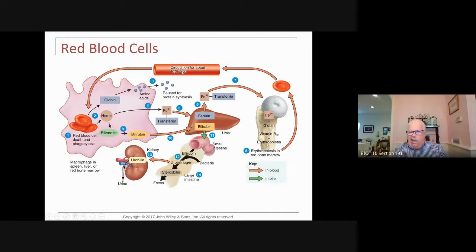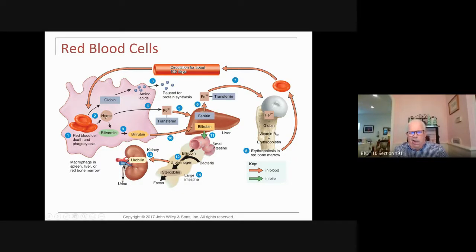Erythropoietin is made in the kidneys, but it stimulates the bone marrow to make more red cells. So to make red cells, you need iron, you need globin, you need B12, and you need erythropoietin. And there are other things you need too, but these are the majority of the things you need right here. We'll talk about those hormones and vitamins, some today and some on Thursday.